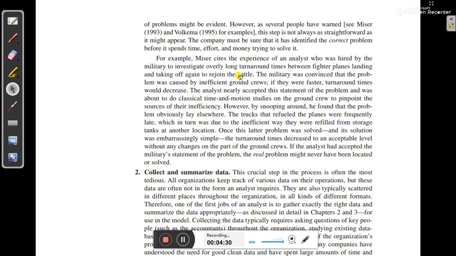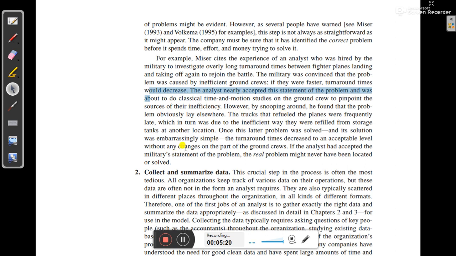For the same example, before going to solve the problem, we need to analyze the whole situation: to know how many planes land, how long it takes to take off again, how many persons are involved in that process, who is doing what, and how much time each takes. Everything is associated with this turnaround time problem. So we need to collect all those data first.